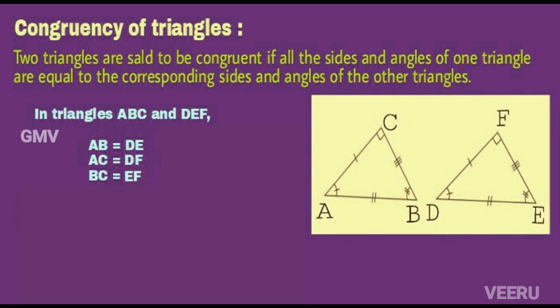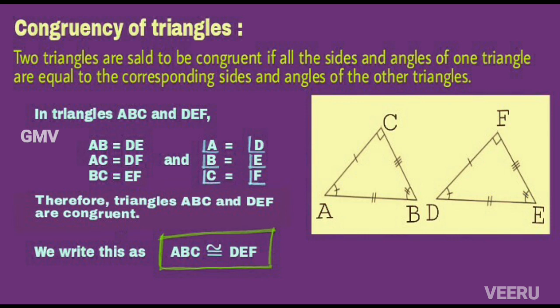And also, angle A equals angle D, angle B equals angle E, and angle C is equal to angle F. Hence, all the sides and angles of triangle ABC are equal to the corresponding sides and angles of triangle DEF. Therefore, triangle ABC is congruent to triangle DEF.